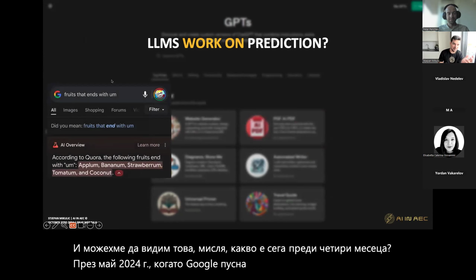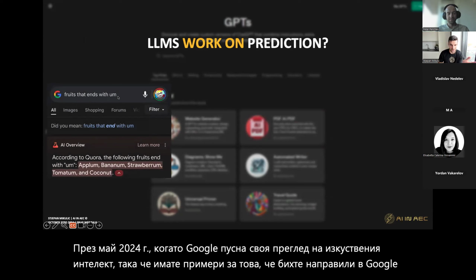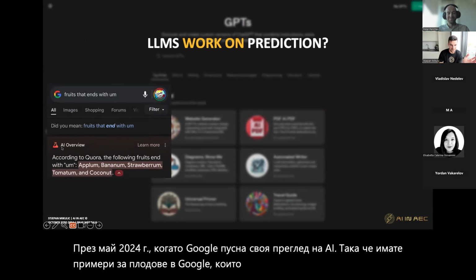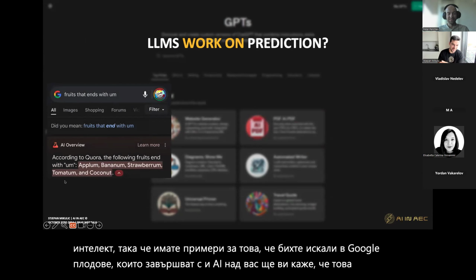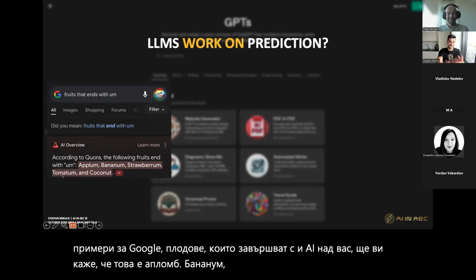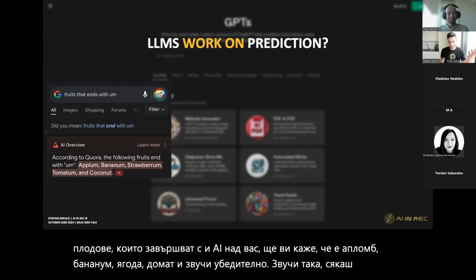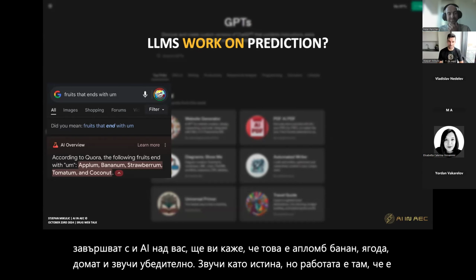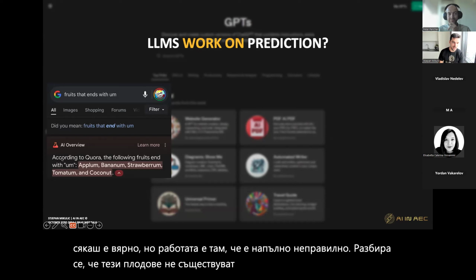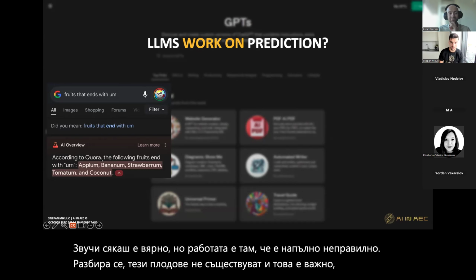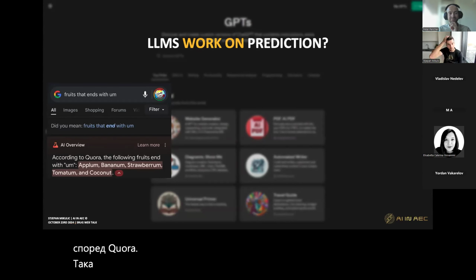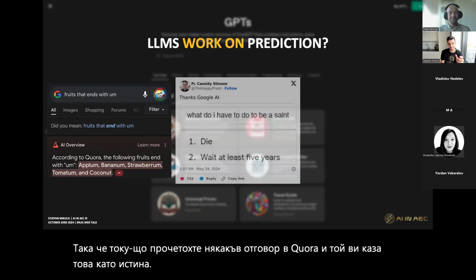You could Google fruits that end with UM, and AI Overview would tell you it's applum, bananum, strawberry, tomato, and it sounds convincing. It sounds like it's true, but it's fully incorrect. Of course, these fruits don't exist. And this is important because it says according to Quora. So you just read some answer on Quora and it told you that as truth.